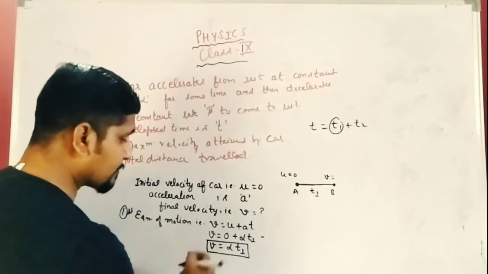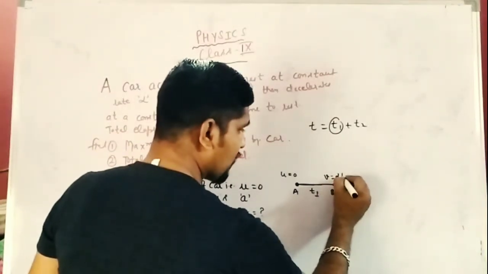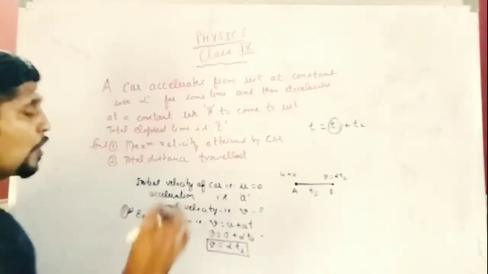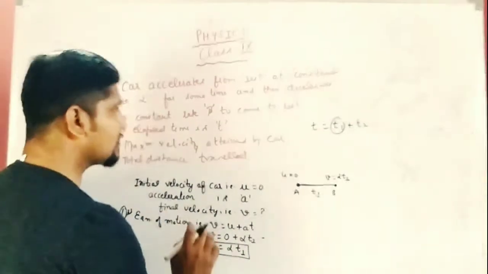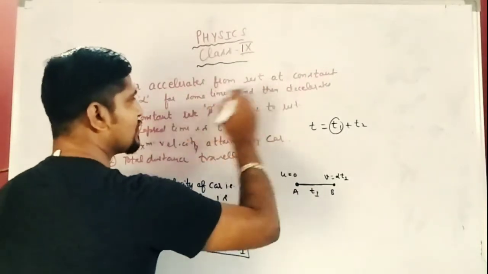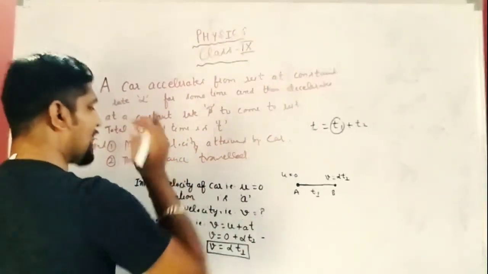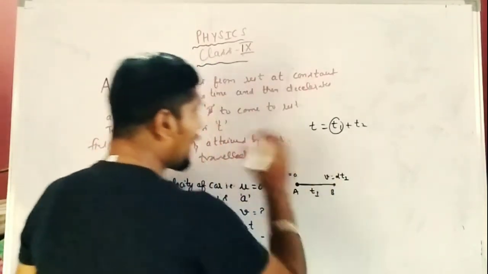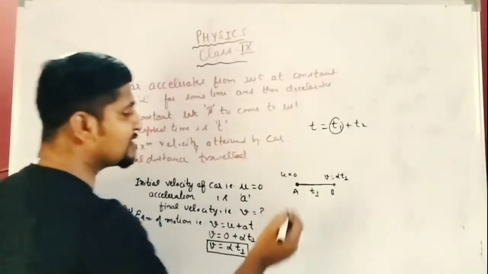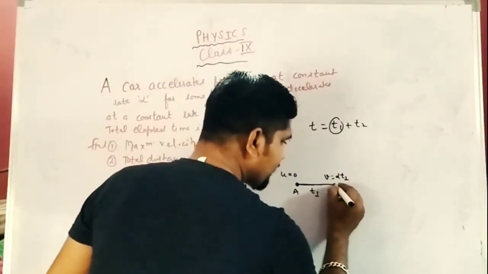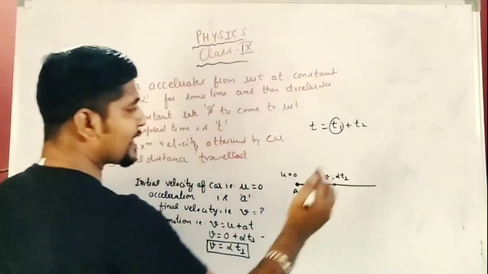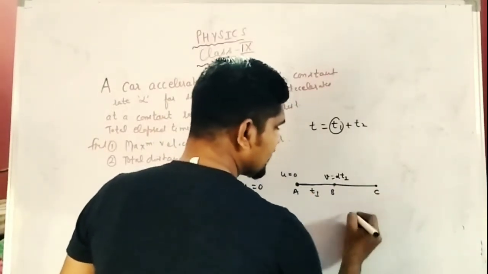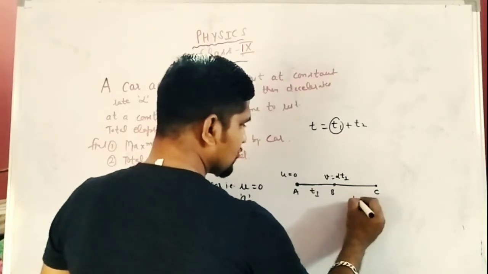According to the statement, the final velocity will be alpha t1. After B it starts decelerating at a constant rate beta to come to rest, reaching C. Suppose these times are t1 and t2.